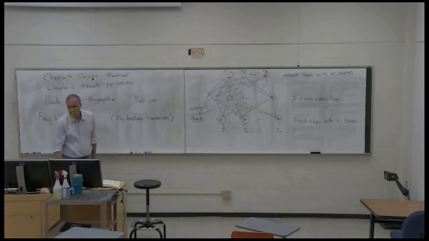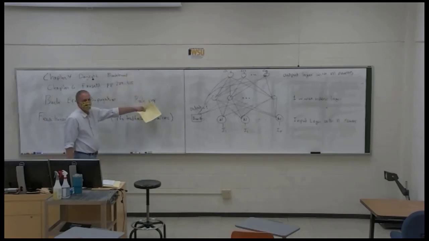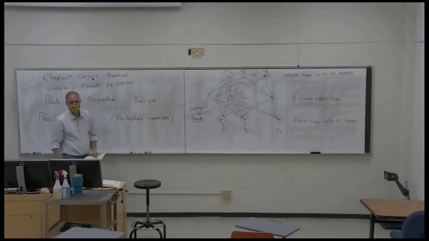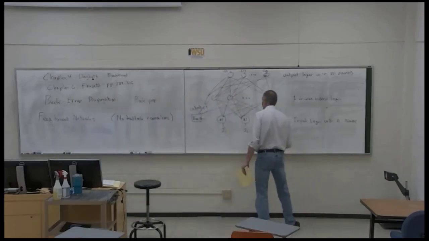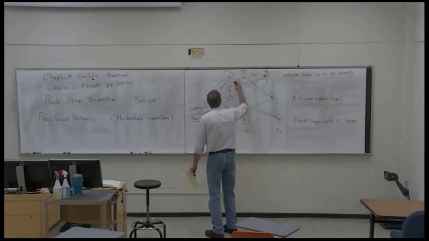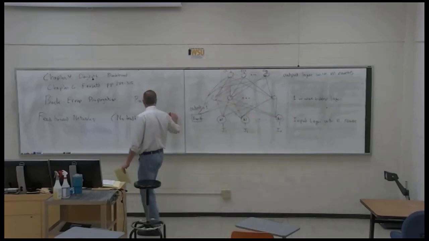And I'll tell you more later about why we do that. So the inputs go up through the network. The bias is neuron number 0, always outputs a 1. And the network learns with training paired data like we've been talking about. So you'll have inputs paired with target outputs.